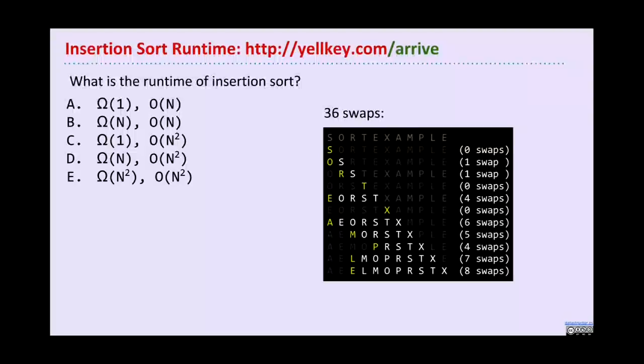So I'm having you give me a lower bound and an upper bound. Remember, omega is that thing from discussion section. So you can read omega as at least and big O as at most.